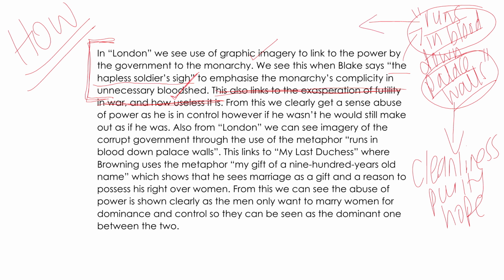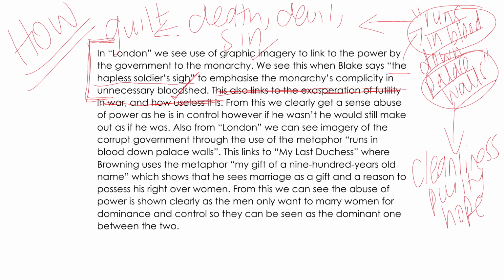By having blood running down the palace walls, it's like the connotations of blood being death. You could even say something like devil or sin. And the idea then that these palace walls are sullied by the blood that's running down them, which we know from Lady Macbeth and guilt on your hands, it's guilt. So that would then go here after this sentence, because that would explain how graphic imagery shows this.